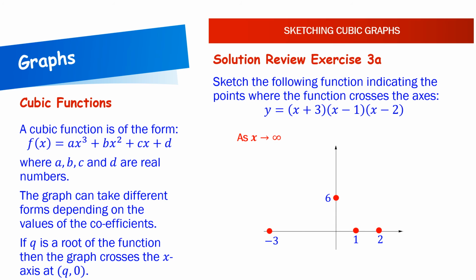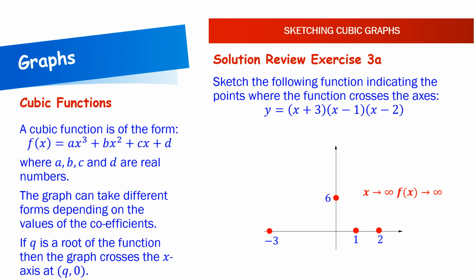What happens as x tends to infinity? Notice that x plus 3 also tends to infinity, x minus 1 tends to infinity, and x minus 2 also tends to infinity. So therefore the function of x, or y, tends to infinity too.